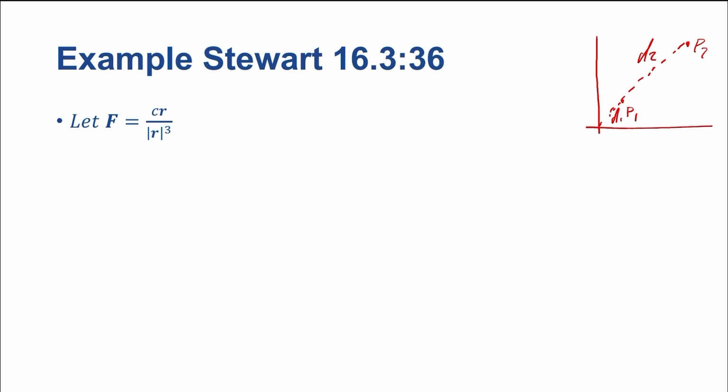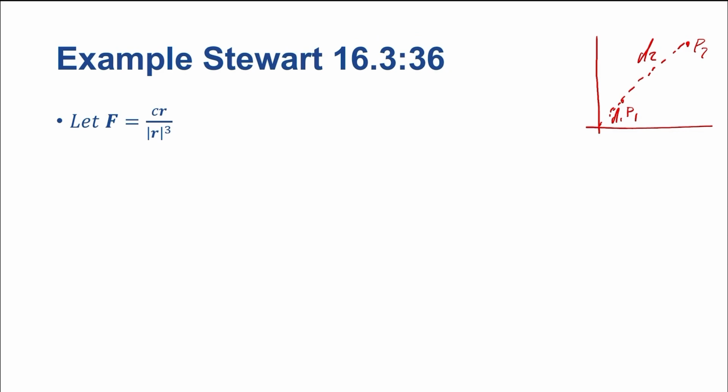So we're going to work in kind of the radial coordinate system here. We're just going to be measuring the distance away from something. And the force is dependent on the distance away from where we are.